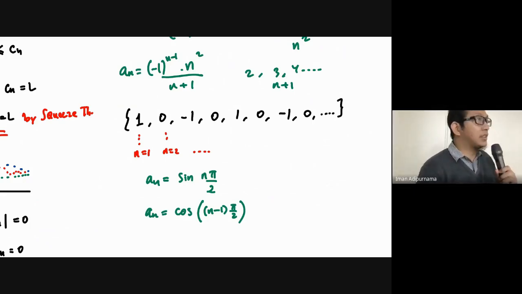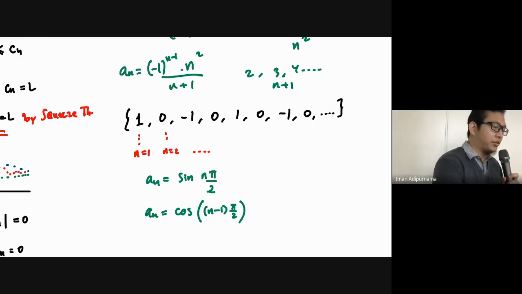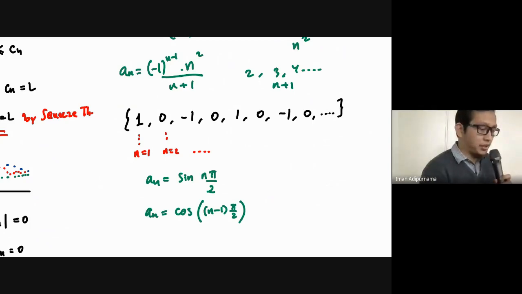So this is also a possibility. Whenever you see 1 and -1, probably it can be in sine or cosine terms. Okay, that's just a review for sequences.